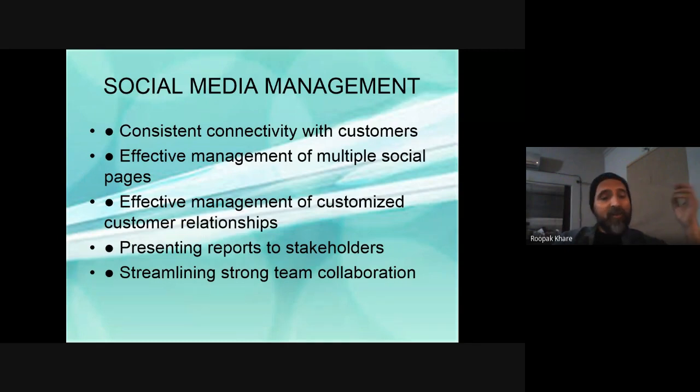Social media management is very, very crucial these days. There are companies working for it, marketing agencies working for it. What do you need to do to manage your social media? First, consistent connectivity with customers. Consistency is important. Two, effective management of multiple social pages. Three, effective management of customized customer relationships.